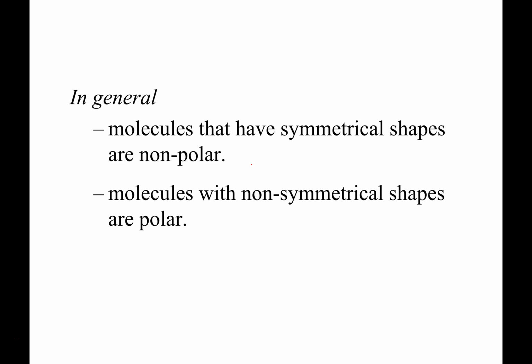And this asymmetry could come from something bent, like water, or we saw the asymmetry could come from something like CCl3H, where you have not the same things attached to it.